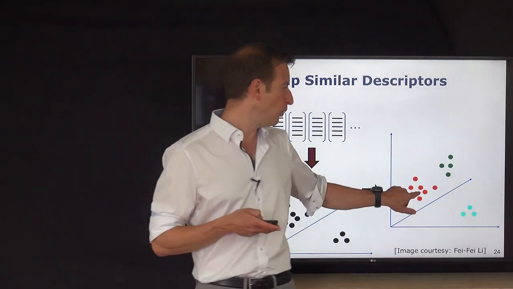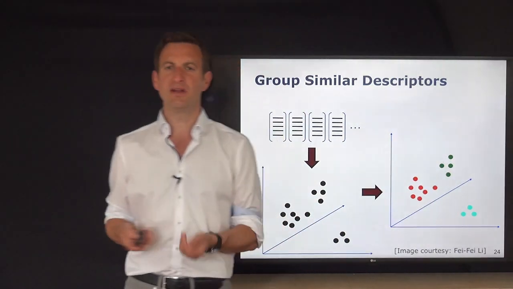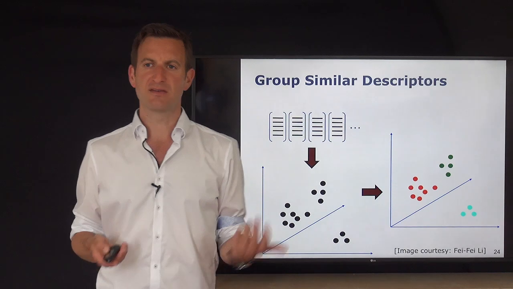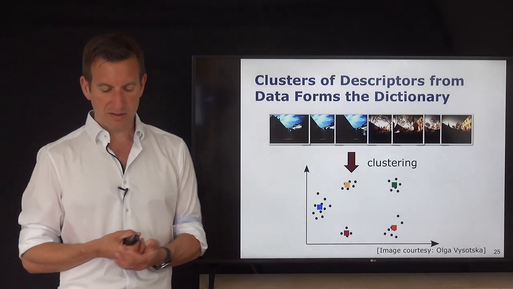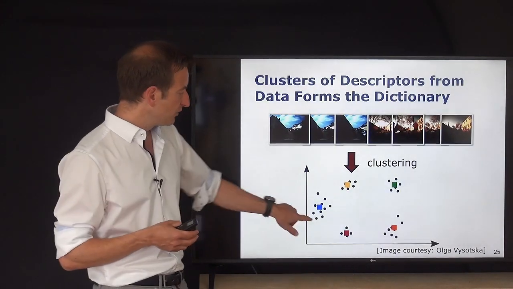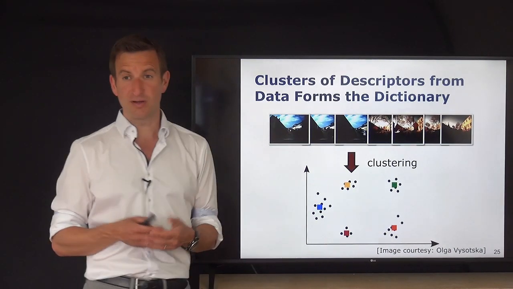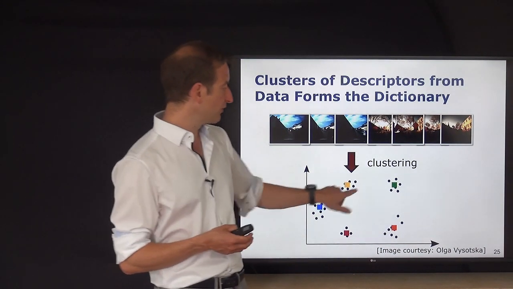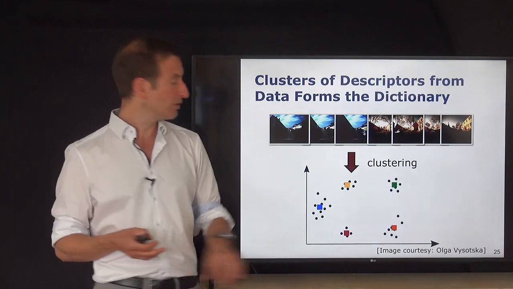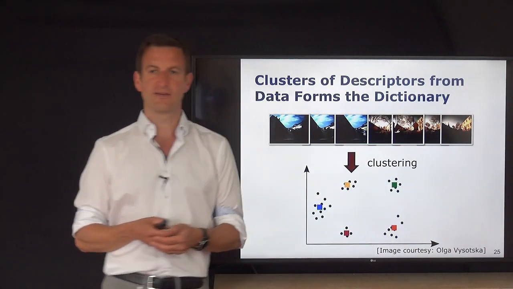This can either be one feature out of this subset, or what is typically used, a mean feature descriptor vector computed over those data points. So you run a clustering algorithm so that all those data points over here turn into the blue word, all those guys over here turn into the yellow word, these ones over here into the green word, and so on and so forth.